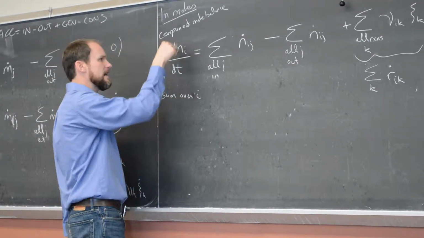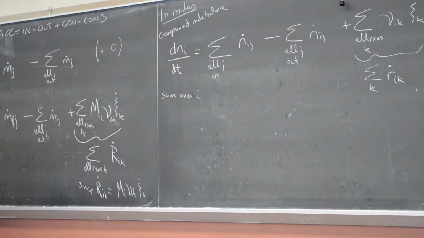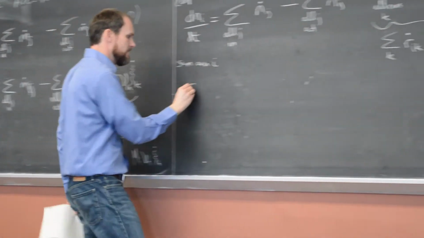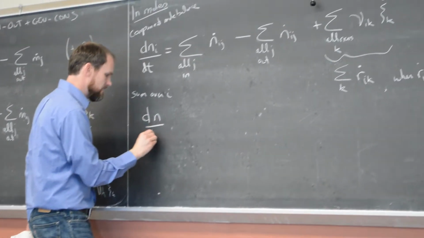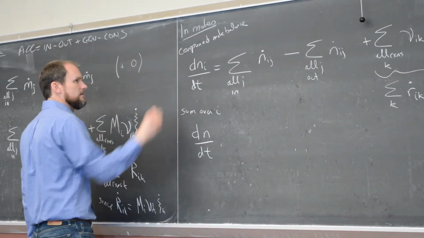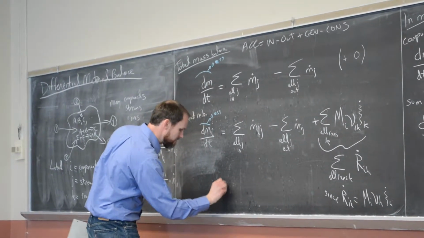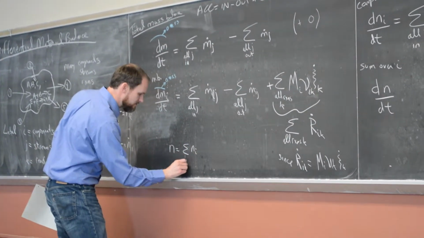And if I sum these over i, so if I take the moles of A plus the moles of B plus the moles of C plus however many species I have, I can get the total dn/dt. n is the sum of n sub i over all i.